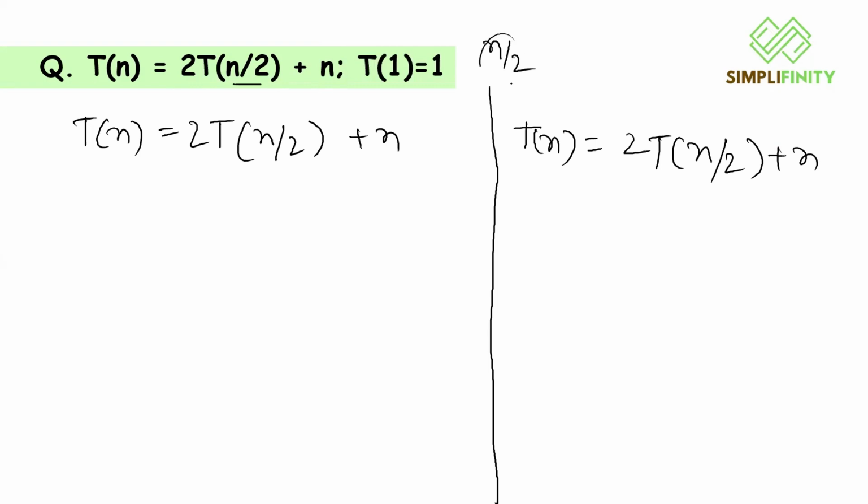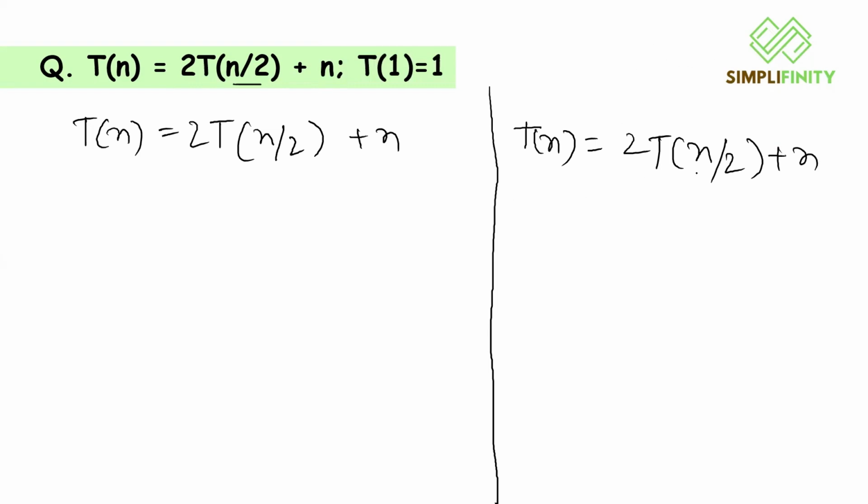So it is T of n, then it becomes T of n by 2, then n by 4, then n by 8, and so on.